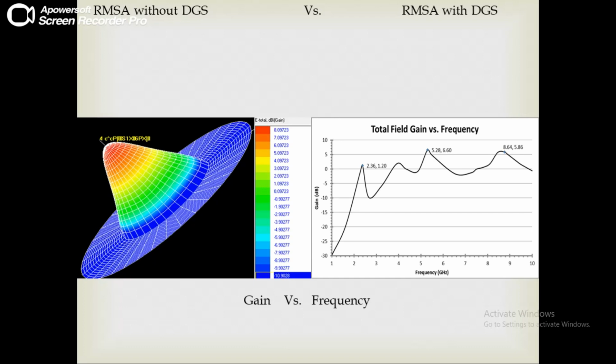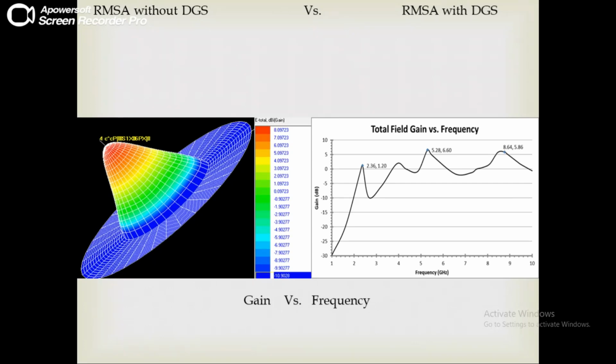Earlier the gain was 8.09 dB, and now the gain has reduced to 1.2 at 2.3 GHz, 6.0 at 5.28 GHz, and 5.86 at 8.64 GHz. So we can see there is a reduction in the gain, but since these are above 0 dB, we can still use this for different applications.